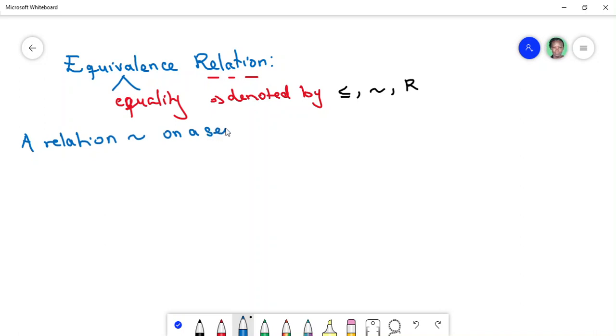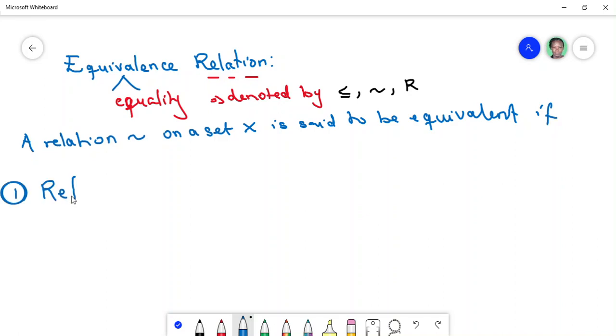On a set, let's say the set is X. It is said to be equivalent if one, it is reflexive.